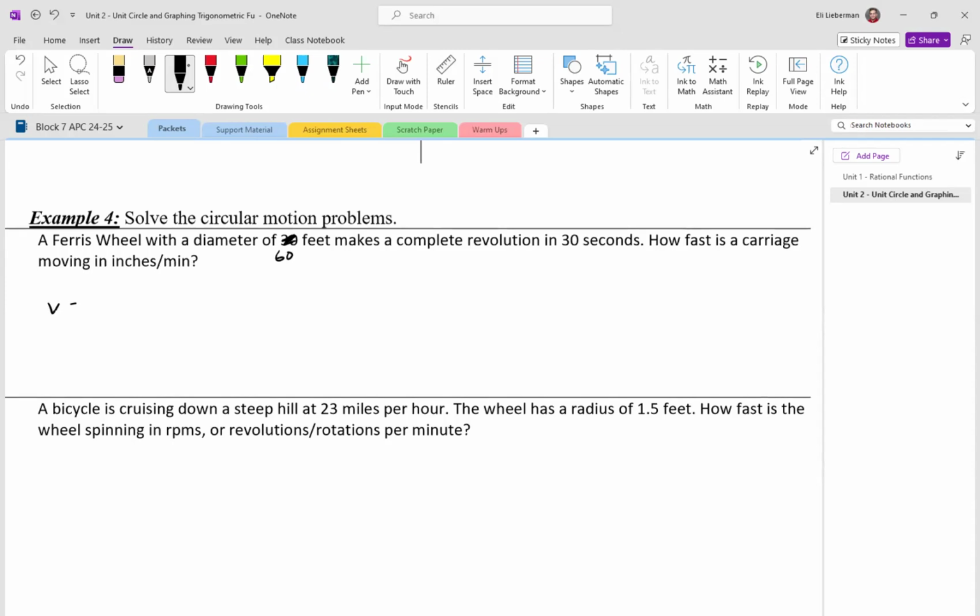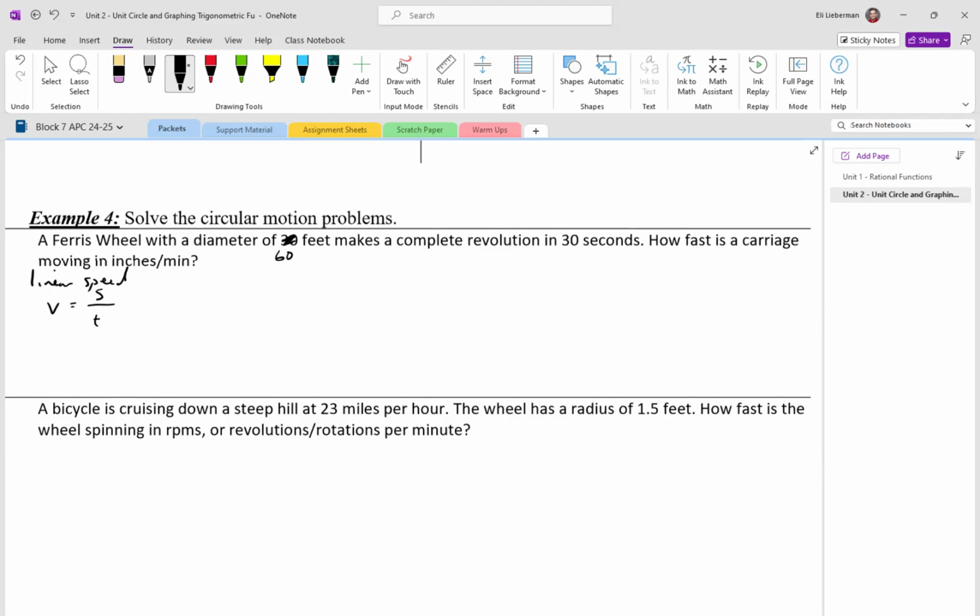So for velocity, we're looking for S over T. What do you think that S stands for? We just defined S as arc length. The velocity is just distance traveled over a certain amount of time. Intuitively, I hope that makes sense.